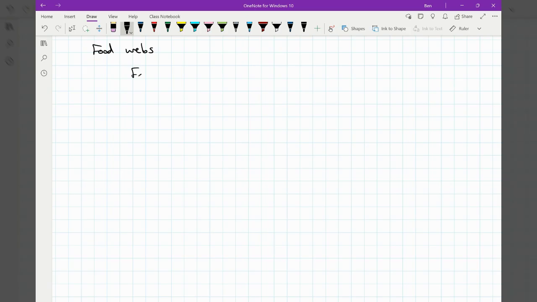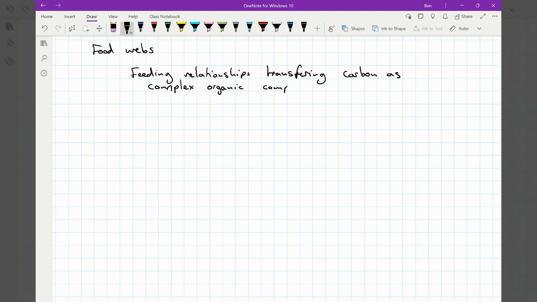So these are feeding relationships, transferring carbon as complex organic compounds. So they're the lipids and proteins and carbohydrates.